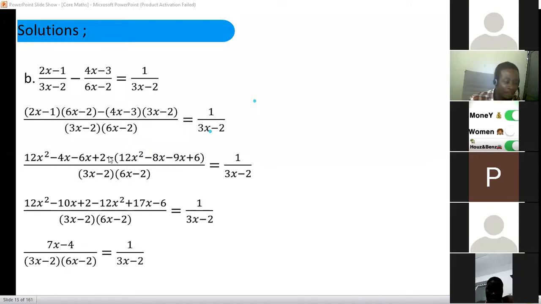But after the bracket here, I have a minus sign. So minus here will multiply the minus 17x, giving me positive 17x. Then minus here multiplying the positive 6 will give us minus 6. All over the denominator equals the right-hand side.